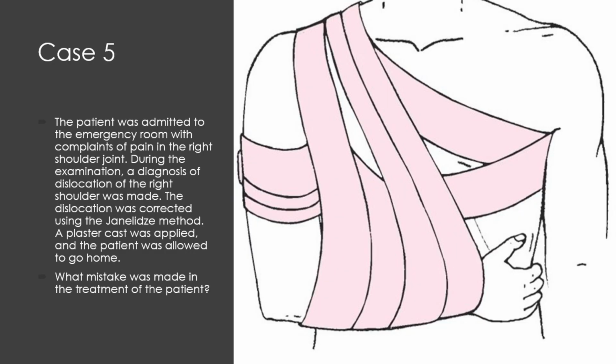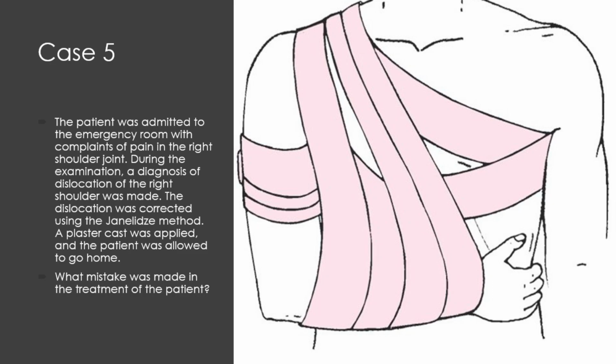Case number 5. The patient was admitted to the emergency room with complaints of pain in the right shoulder joint. During the examination, a diagnosis of dislocation of the right shoulder was made. The dislocation was corrected using the Janelidze method.